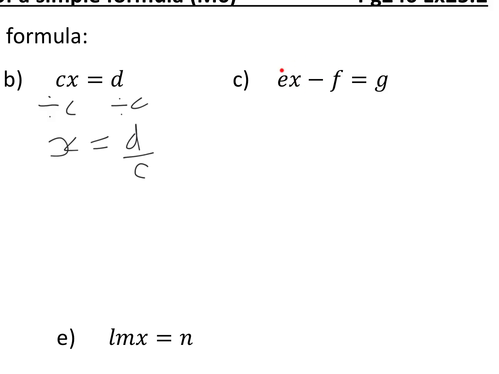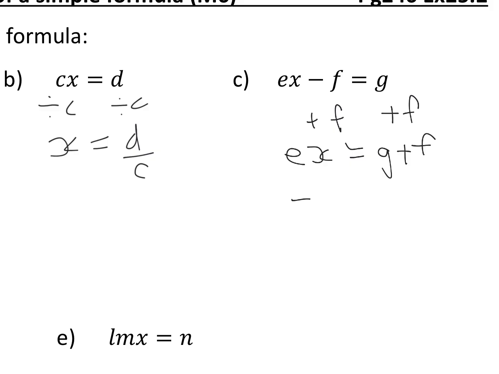The whole side isn't multiplied by e. So we work with the f first of all. How would I eliminate it? I'd have to add f to give me 0. So on the left hand side, I'd be left with ex. And so it balances. I add f to the right hand side, and I'd have g plus f.